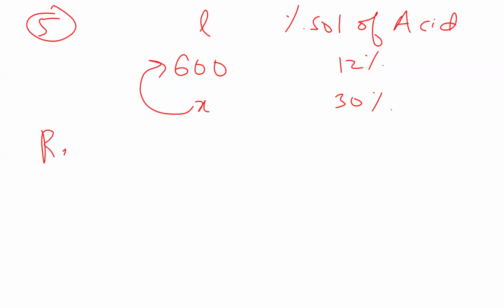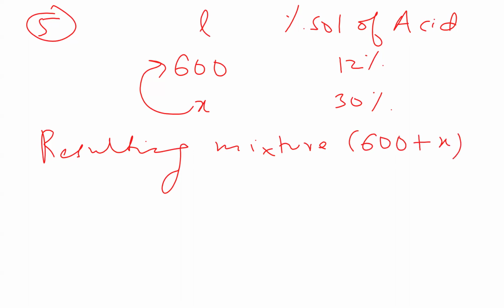The resulting mixture is 600 plus X liters. This is the total solution with us in liters. 600 was already there, we are adding x to it, so 600 plus x.